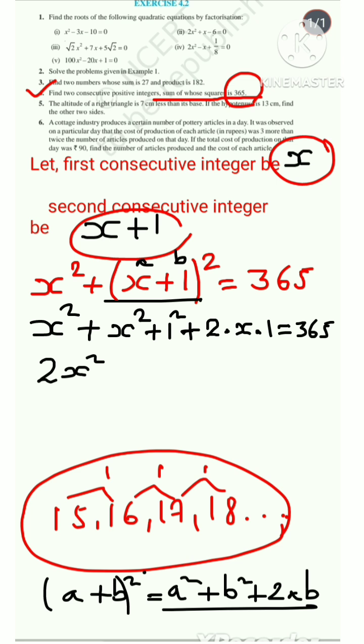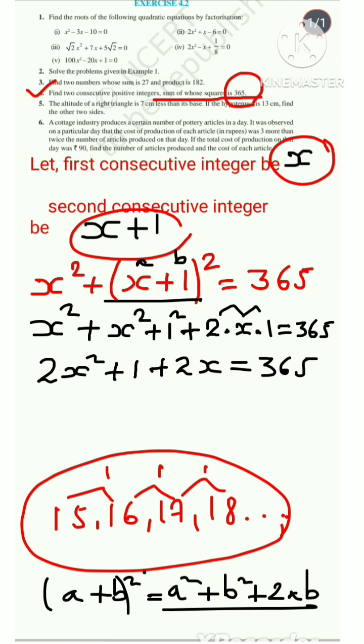Now x square, and here the square of 1 will be 1 itself, and 2 into x into 1 is 2x, equal to 365.